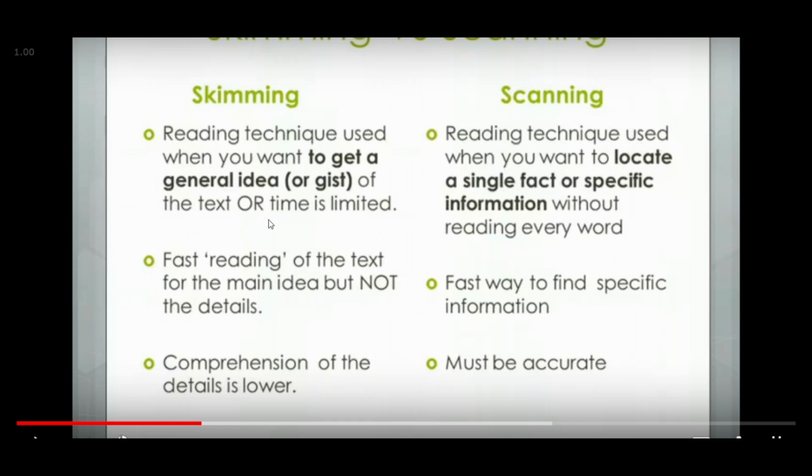So you're just going to skim. It's for fast reading of the text for the main idea but not details, and the comprehension of details is lower. But what is scanning? Scanning is a reading technique used when you want to locate a single fact or specific information without necessarily reading every word. It is a fast way to find specific information, and one must be accurate. So that is skimming and scanning.